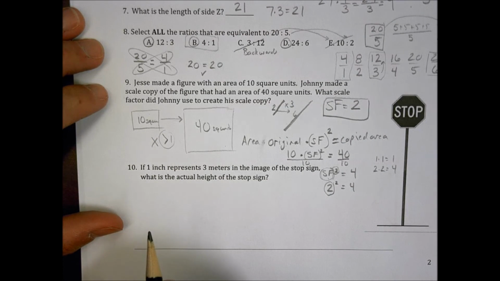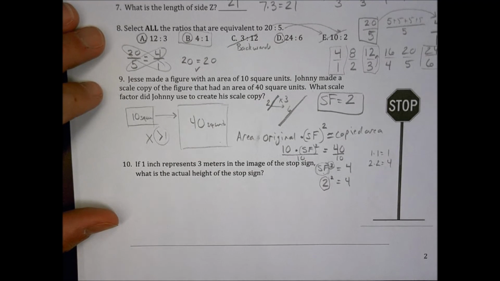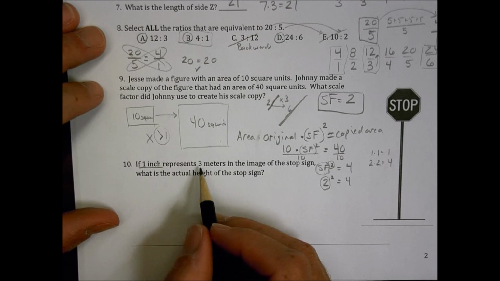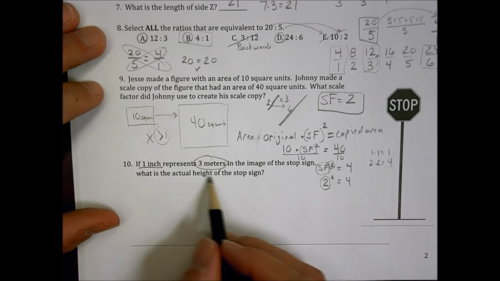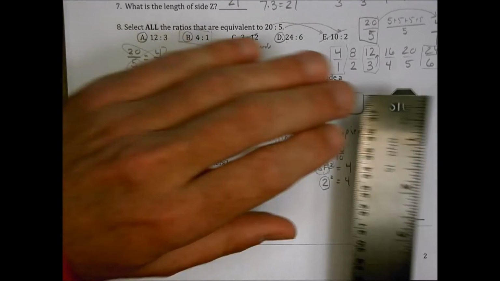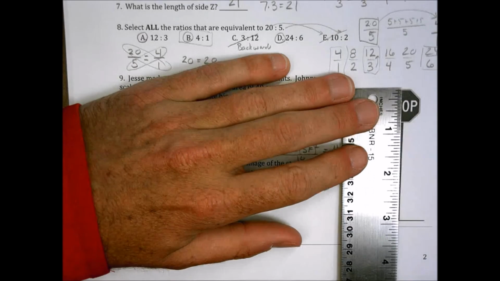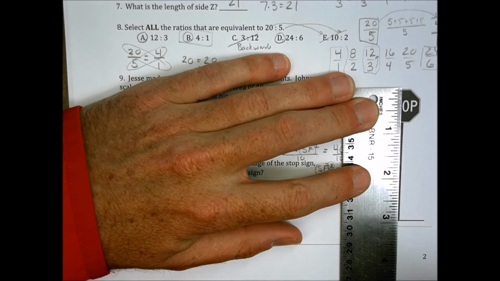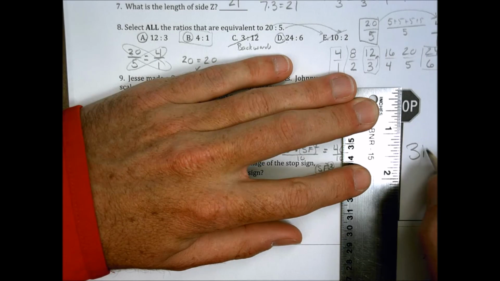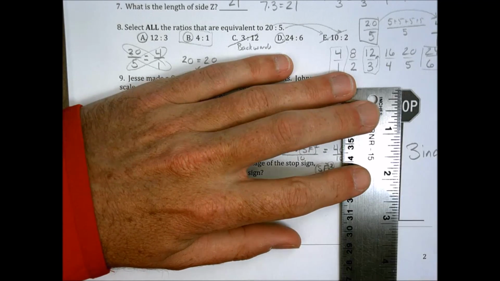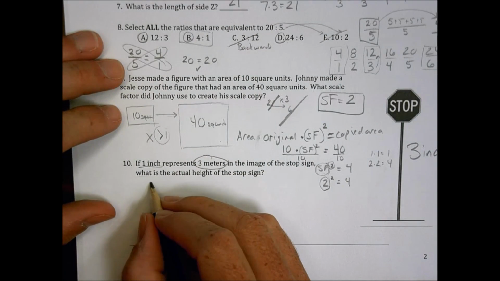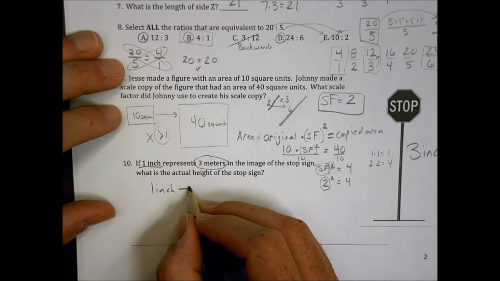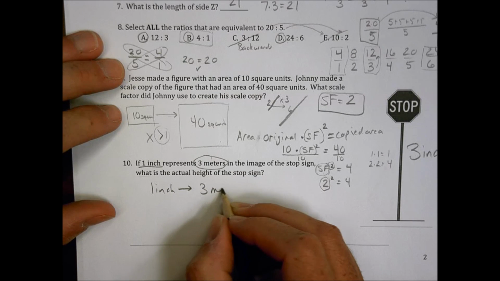Let's look at one last one. It says if 1 inch represents 3 meters in the image of the stop sign, what is the actual height of the stop sign? So if I take my ruler out and I measure this stop sign, I notice that it is about 3 inches. That's how tall the stop sign is. So in terms of my scale factor, 1 inch represents 3 meters, right?